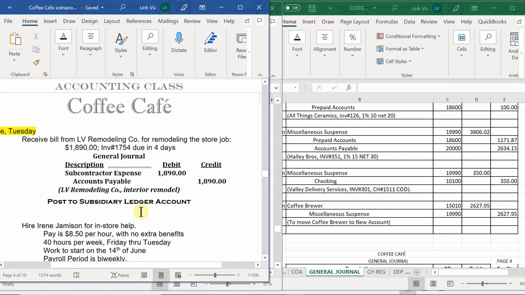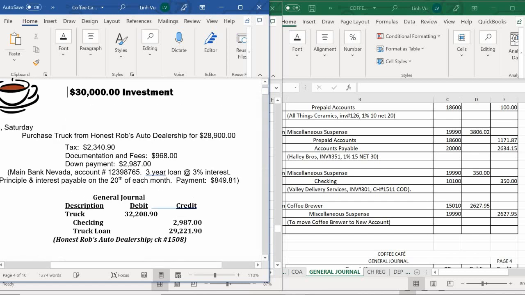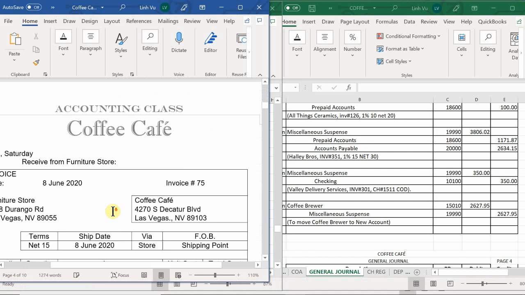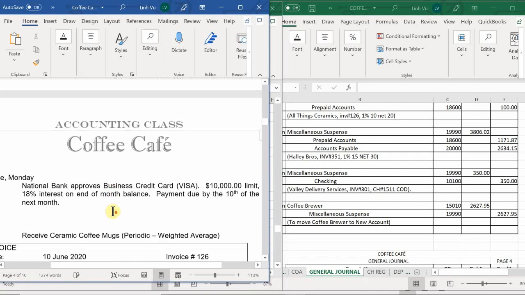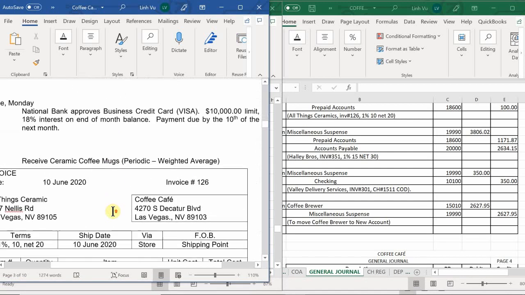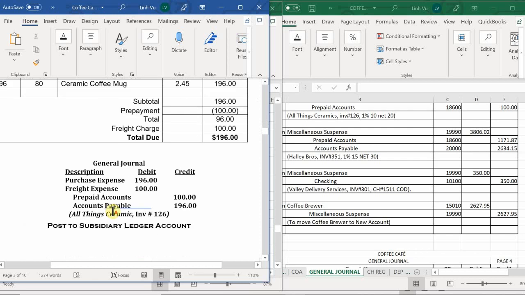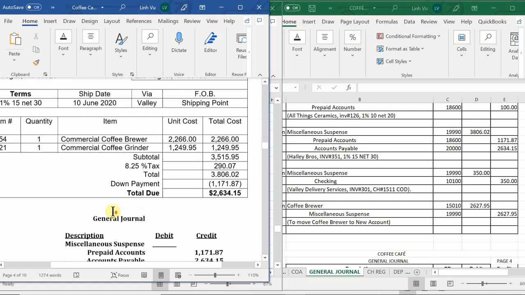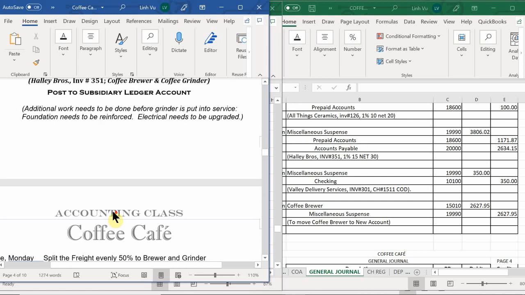See if we're good on time. Okay, good. So in this case, what happened next? Receive the bill from, oh, now we have to record them. Now they're coming with the bill. So LV Remodeling Co., the store job, 1,890 with the invoice 1754.